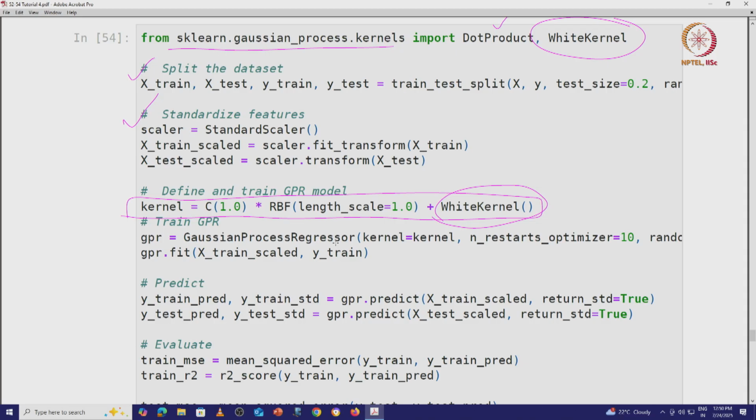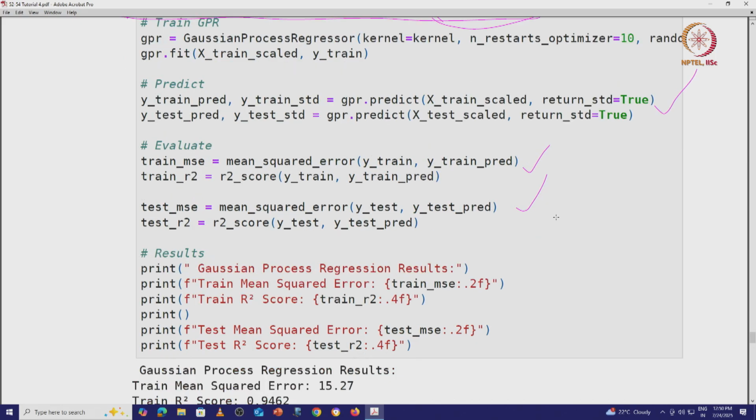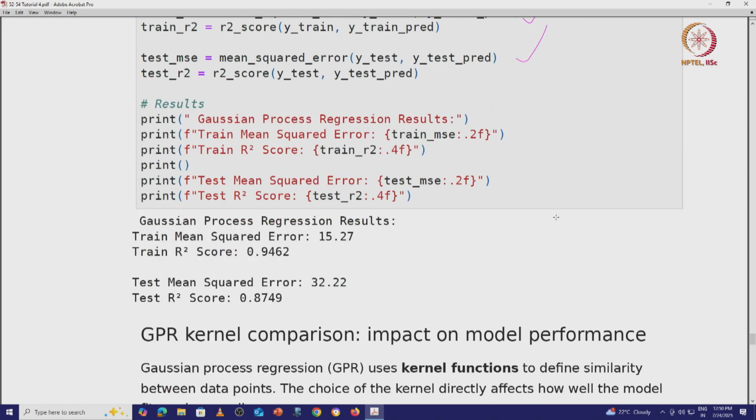Alright, so now we again train the GPR and then fit the GPR, and then this will allow us to make predictions as well as evaluate the mean squared error and the R squared score on both the training and the testing sets. And now the results are much nicer.